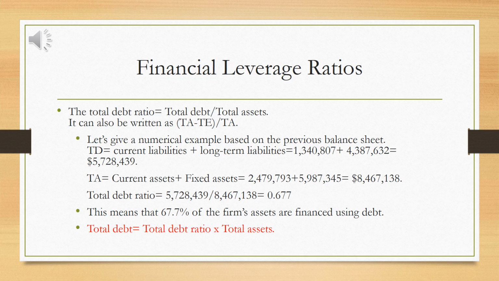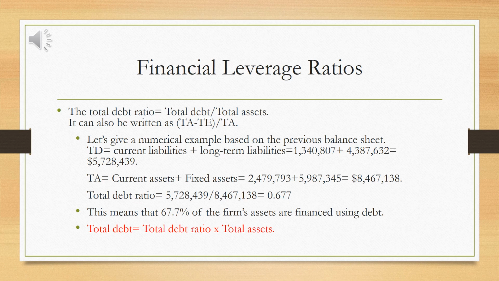Let's give a numerical example based on the previous balance sheet. Total debt equals current liabilities plus long-term liabilities, which are 1,340,807 plus 4,387,632. So, total debt equals 5,728,439. Total assets are current assets plus fixed assets.